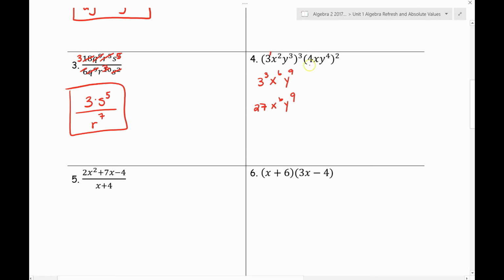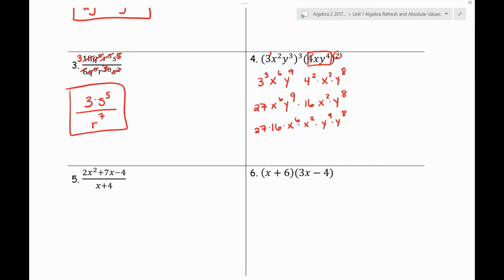Okay, now I'm going to square everything inside here. Multiplying the exponents, that gives me 4 squared times x squared times y to the 8th. 4 squared is 16 times x squared times y to the 8th. So now what I can use is my commutative property of multiplication and multiply 27 times 16, multiply x to the 6th times x squared, and y to the 9th multiplied with y to the 8th.